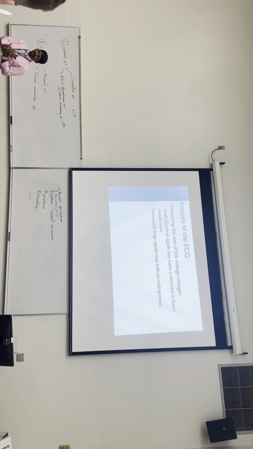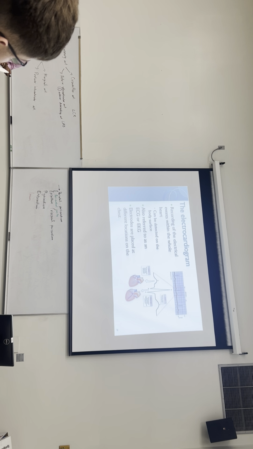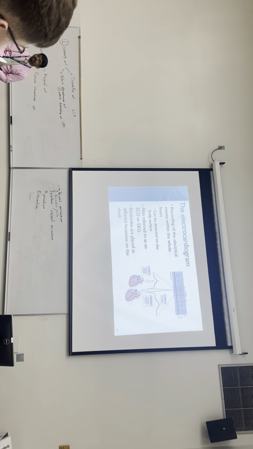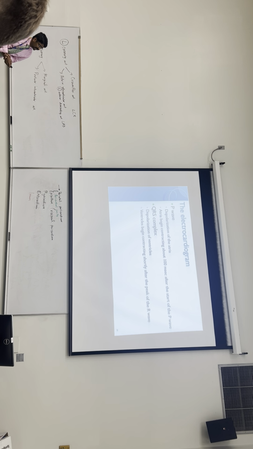STEMI, what does it stand for? Yeah, it's ST elevation. So the ST segment is between the S wave and the T wave. This flat line, if it's high up here and it's new, some people have this as normal. If it's new, with chest pain, that's very likely to be ST elevation. We can measure that.